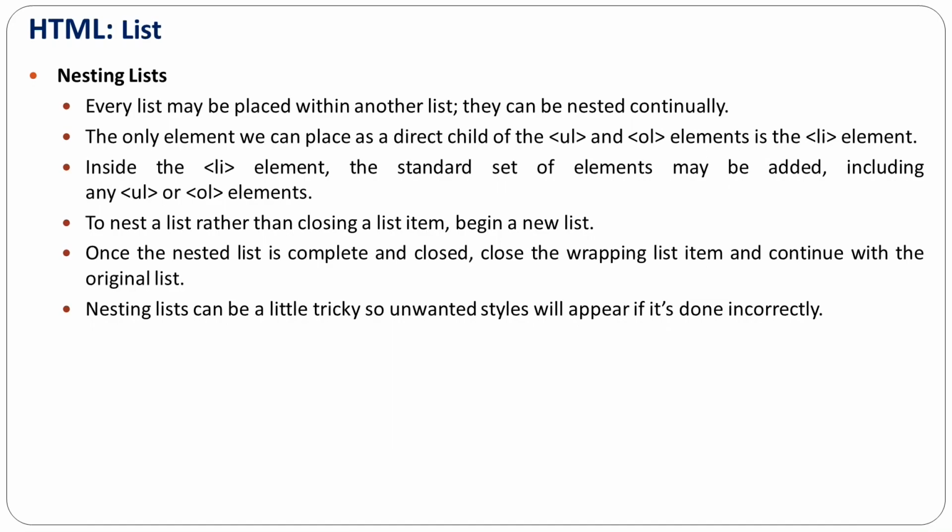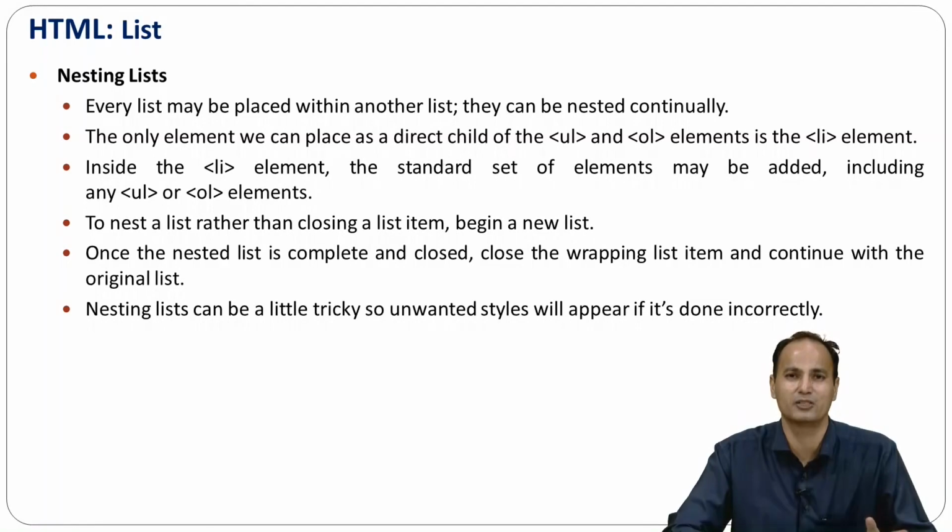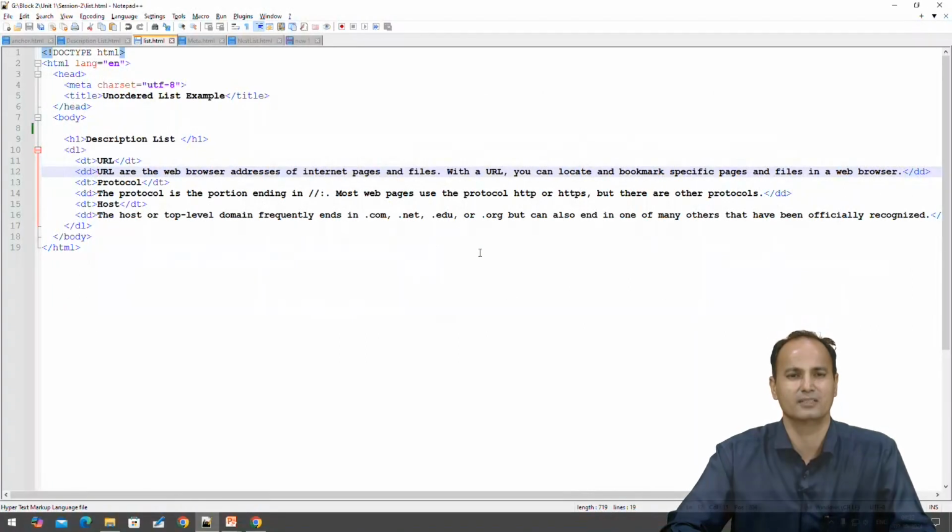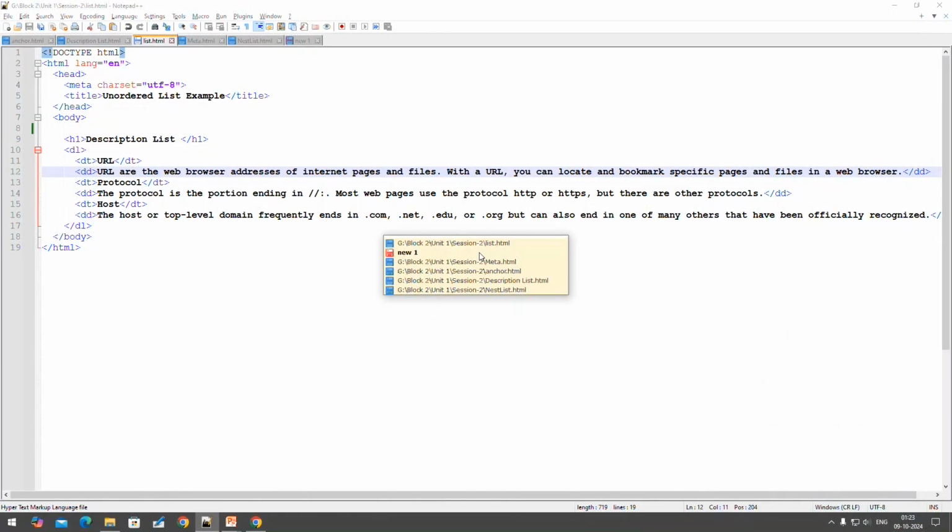If you open an unordered list and within that you forget to close the corresponding tags, then the output would be an unexpected one. So by nesting lists, the thing to be remembered is only that the opening and closing tags be kept paired in a sequence. So let's have a look through the practical so that you can easily understand.